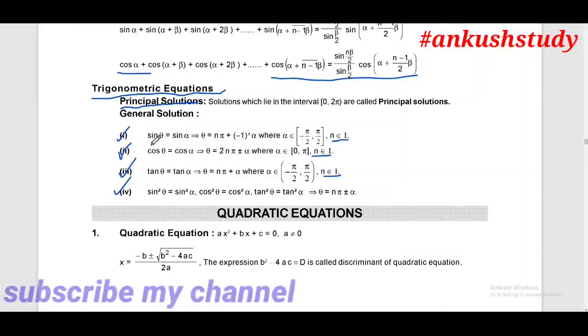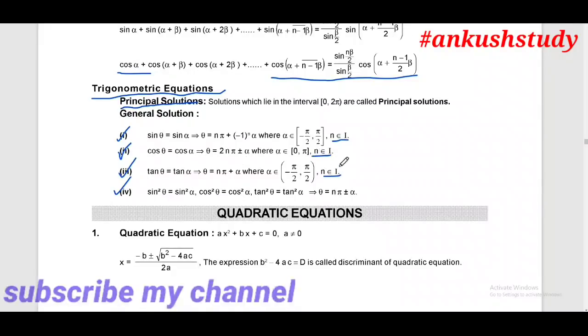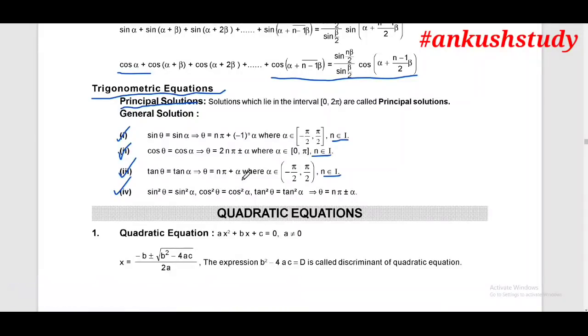Okay, so cos theta equals cos alpha, which gives theta equals 2n pi plus or minus alpha, where alpha belongs to the closed interval 0 comma pi, where n belongs to I. Tan theta equals tan alpha, which gives theta equals n pi plus alpha, where alpha belongs to the open interval minus pi upon 2 comma pi upon 2, and n belongs to I.